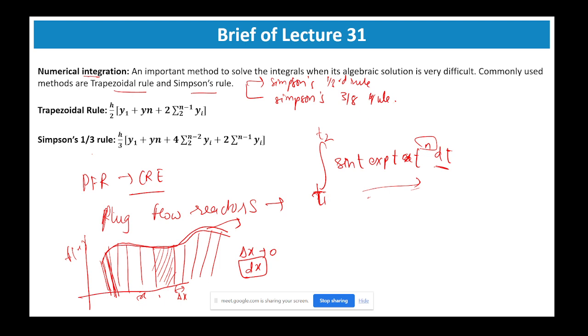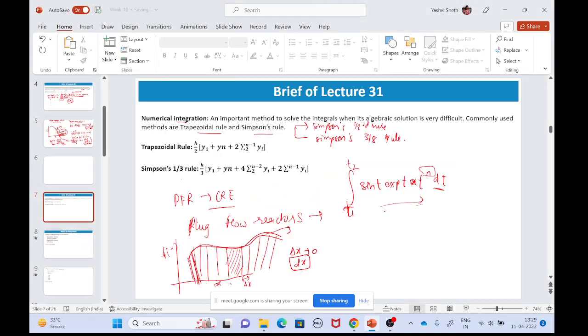All these rules are based on certain assumptions, and each method has a different assumption. Trapezoidal rule first.